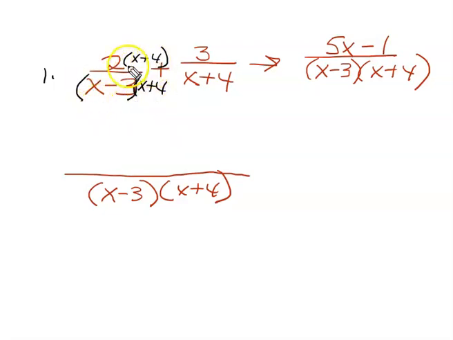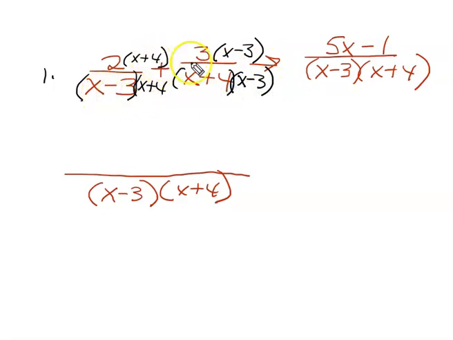And would you agree to that? I'm not changing the value. I'm just multiplying this fraction by 1. Now this one, again, I'm going to multiply it by 1 so that it becomes this denominator. Well, this one's going to be x minus 3 over x minus 3.